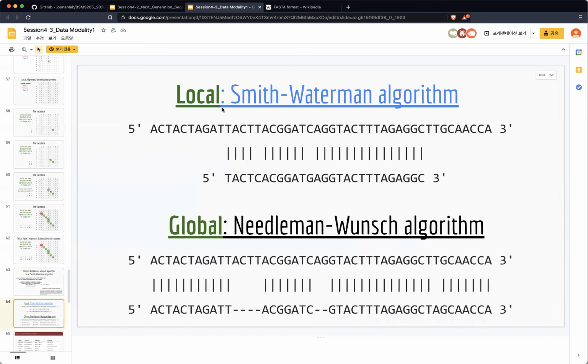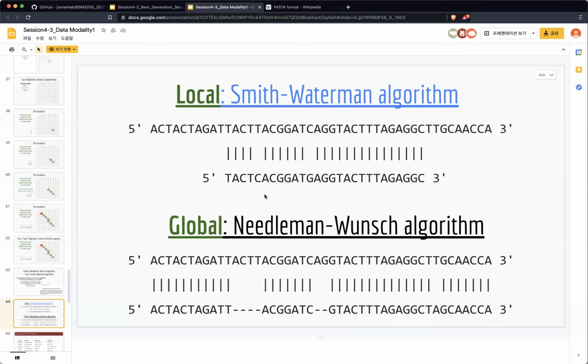Local alignment specifically refines the local sequence, a very tiny portion of the genomic area, but global alignment introduces more gaps and more mismatches and looks at things in a more global way.